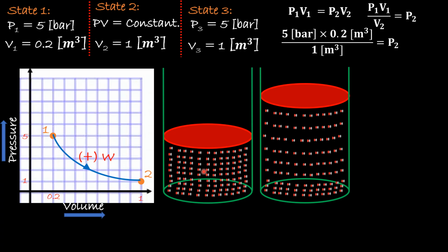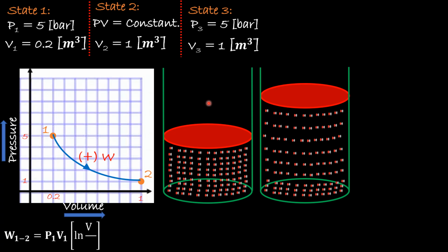The key word here is the gas was able to move the piston from one location to another. So when the system, in this case the gas, does work on its surrounding, like the piston, this is called positive work.